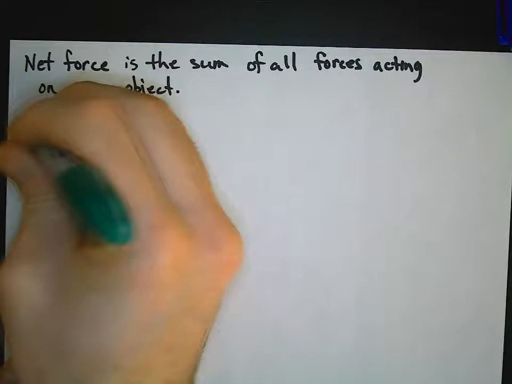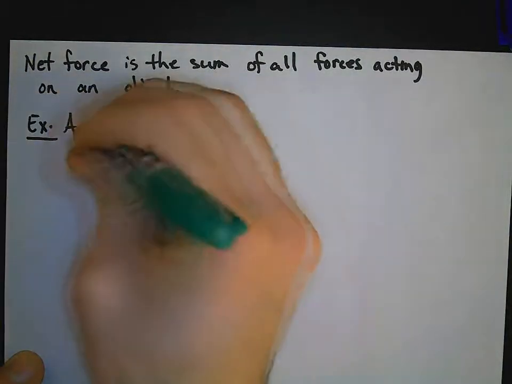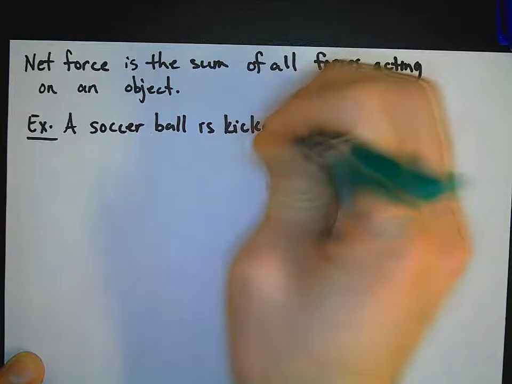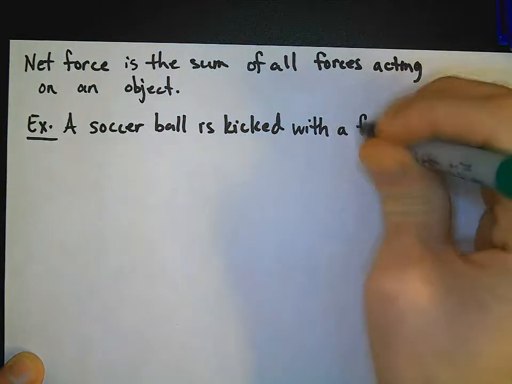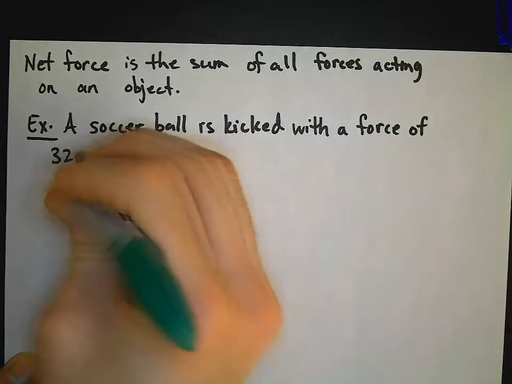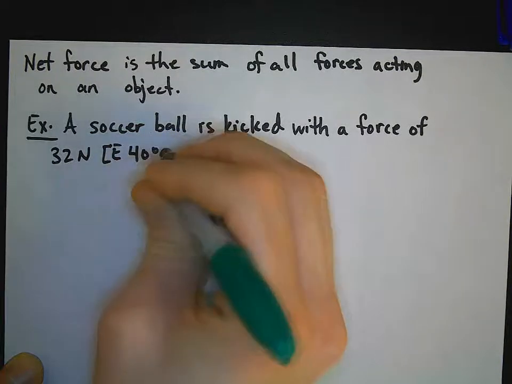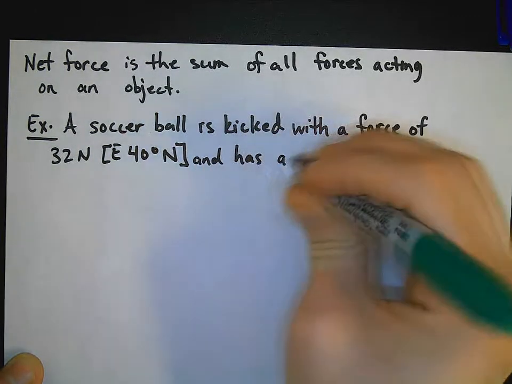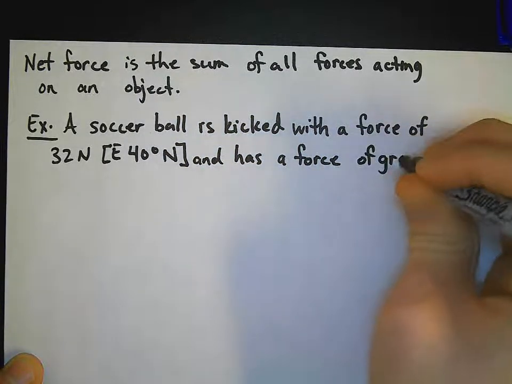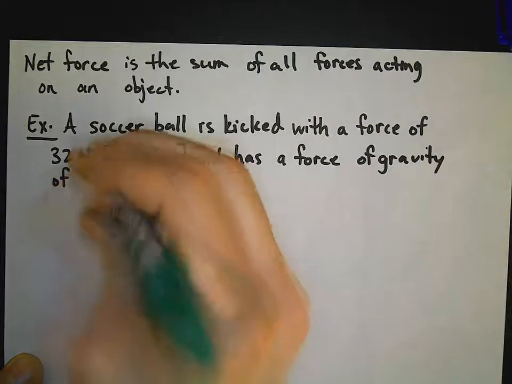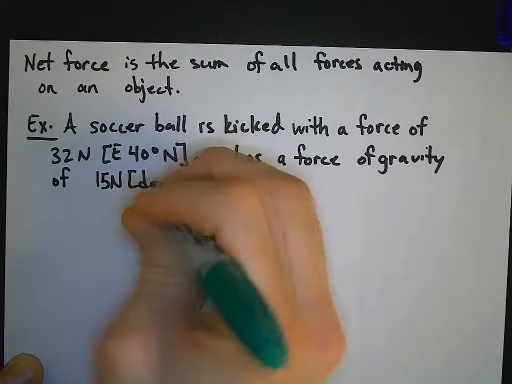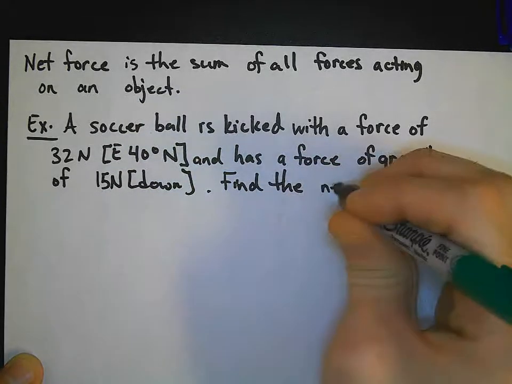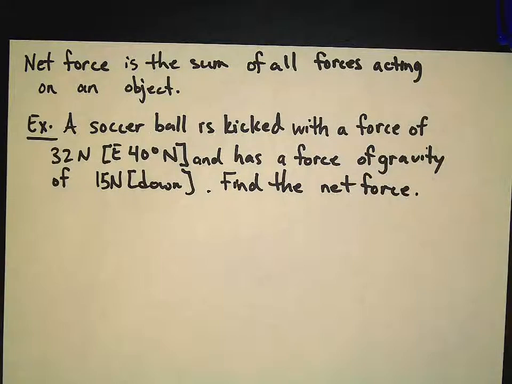So, the example that I have for you today: we have a soccer ball, and it is kicked with a force of 32 newtons east 40 degrees north, and has a force of gravity of 15 newtons down acting on it. So let us calculate the net force acting on the soccer ball.